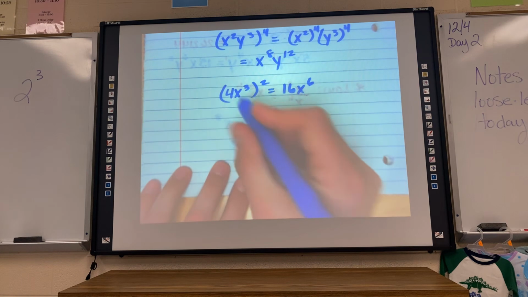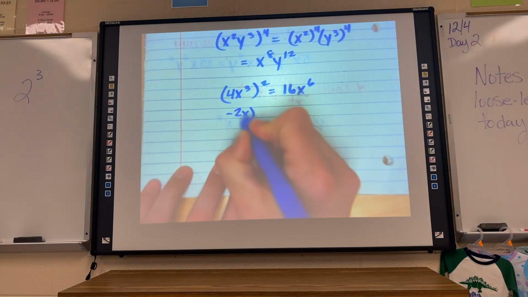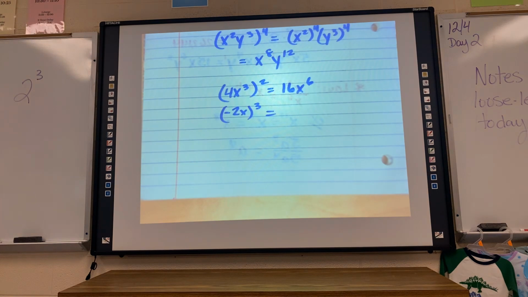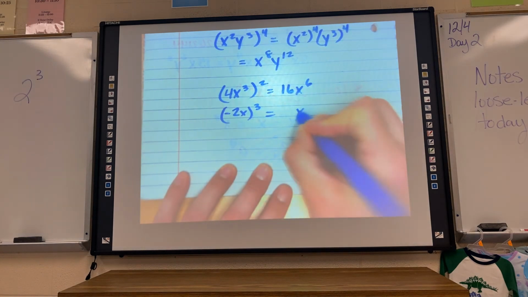All right, one more. Negative 2x to the 3rd power. Let's see if somebody can get this one. Jason? 8x cubed. Close. I agree with the x cubed.